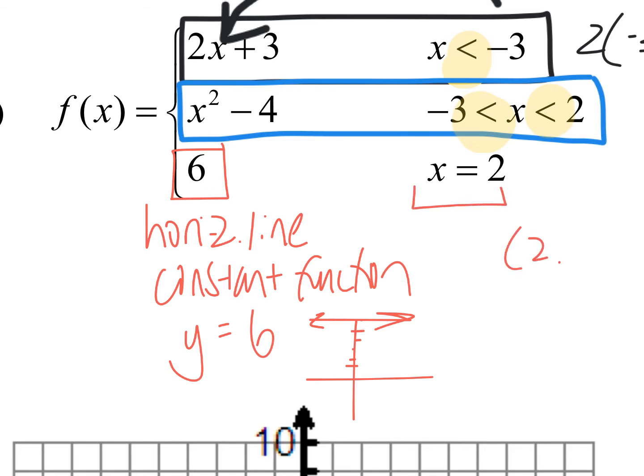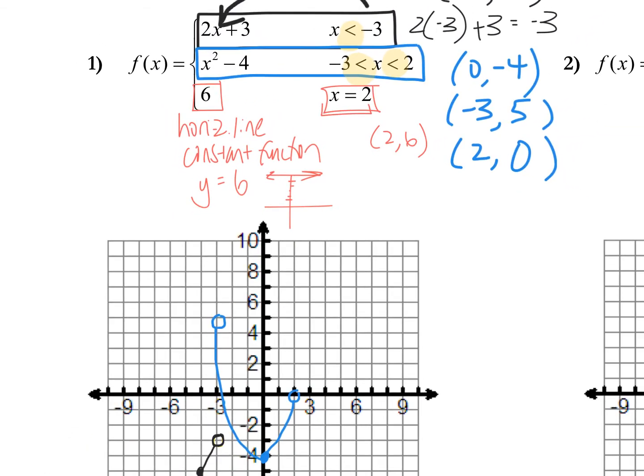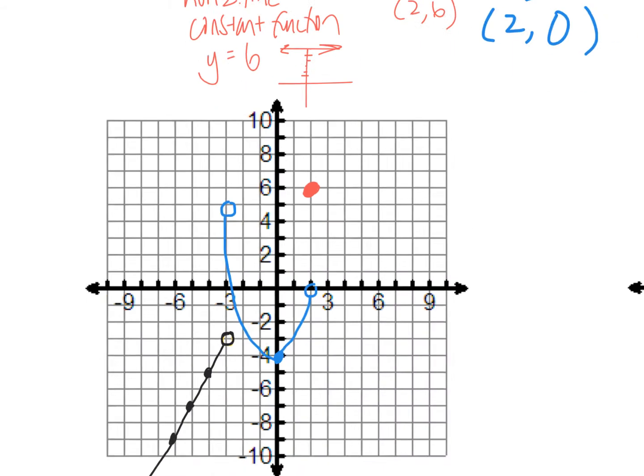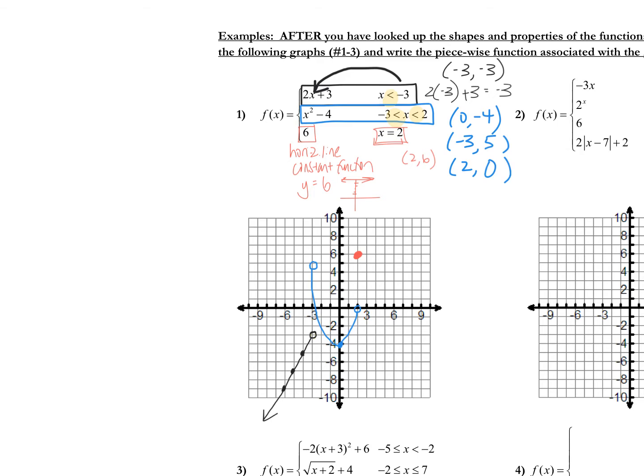That means when x equals 2, y equals 6, and there's going to be no arrow or anything on that because it is strictly only one dot according to this rule. So what I'm going to do in red, just to keep it straight, 2, 6 is a filled in circle right there. And it's a filled in circle because it's x equals 2. Okay, kind of weird. Let's try another one.